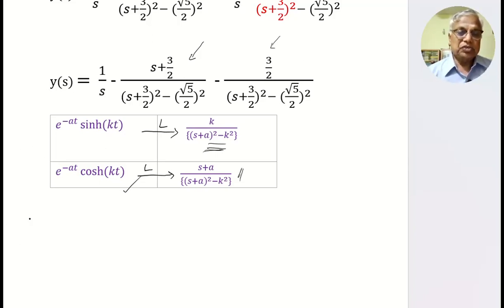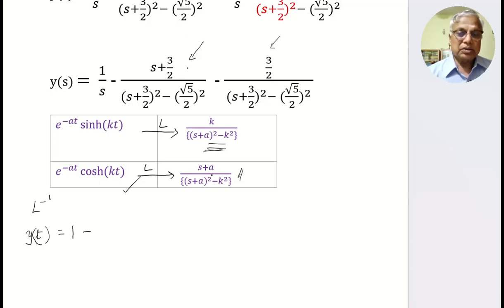So if you take the Laplace inverse, y of t equals 1 by s is 1, minus, as I said, s plus 3 by 2, this term.